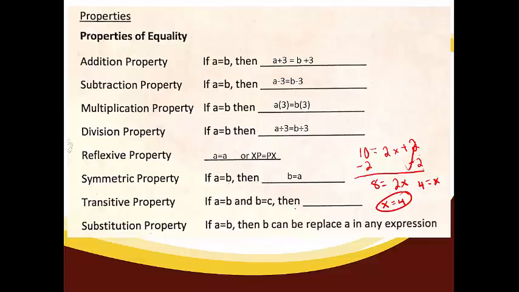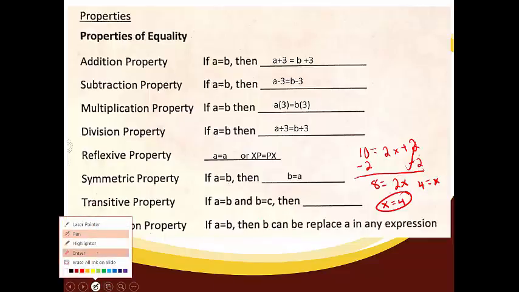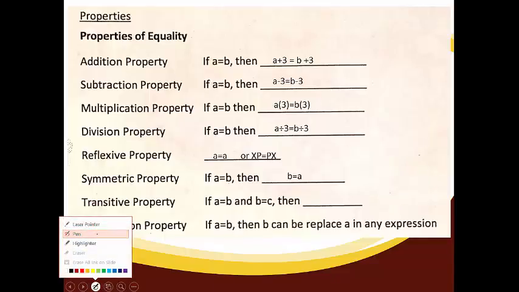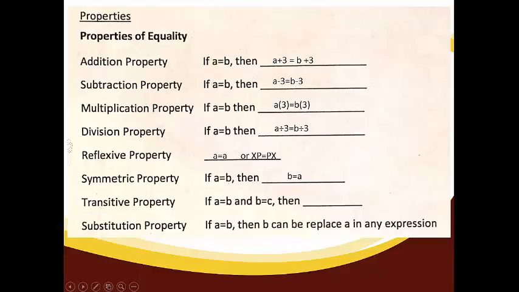Transitive property we see a couple times throughout the year, and it's kind of hard to explain, so let me erase this here. Basically, in order to apply the transitive property, you need 3 things that are equal to one another. So for example, if we look, A equals B and B equals C. So I see three things that are actually equal to each other.